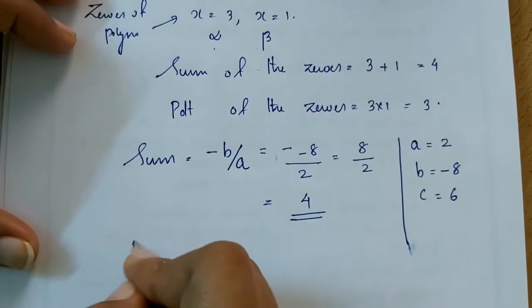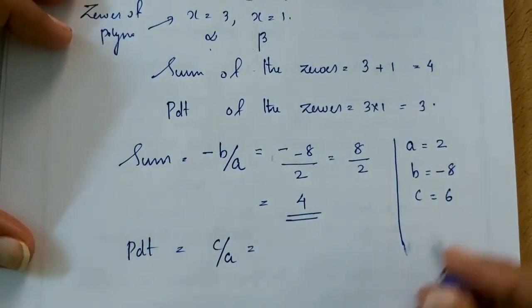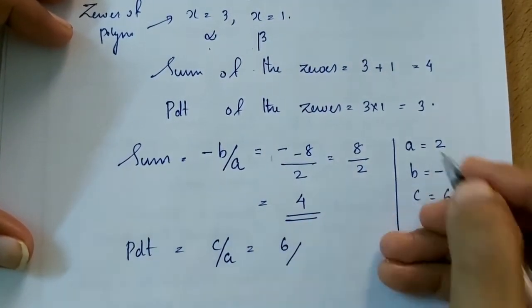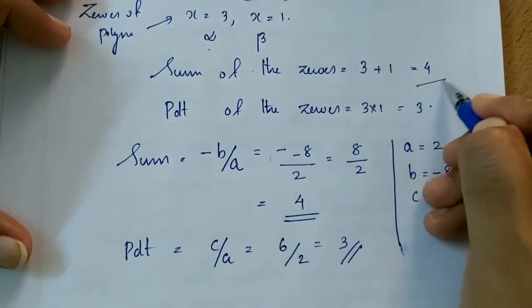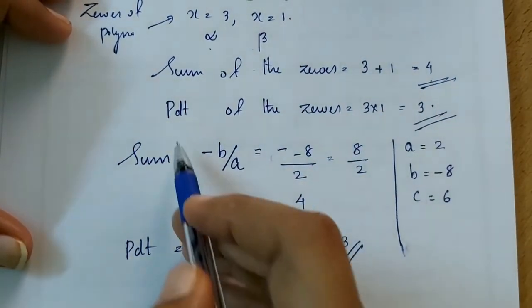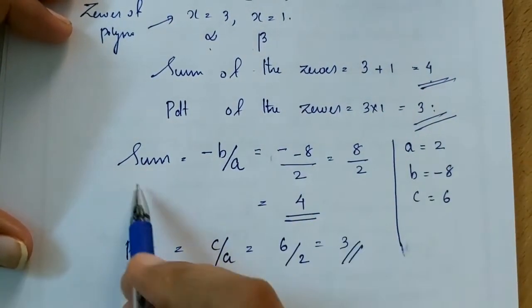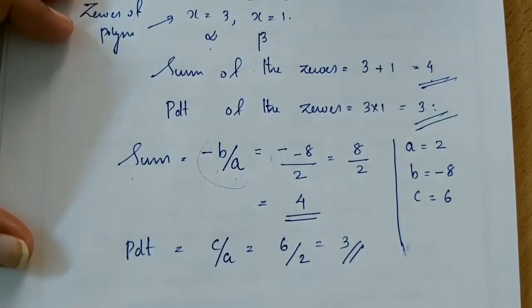Similarly, for the product, the equation is c/a: 6 divided by 2, which is equal to 3, which is similar to these two values. Here the sum of the zeros is equal to 4, and the product of the zeros is equal to 3.